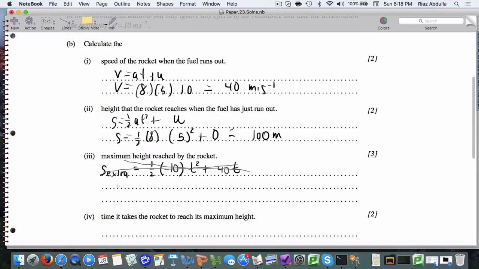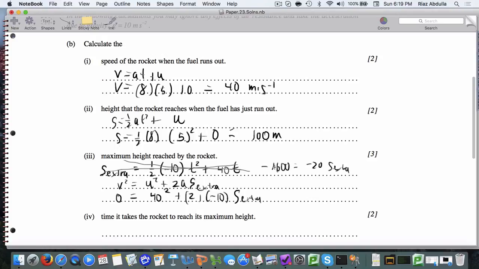Let's try this one. V squared is U squared plus 2 times A times S extra. So V squared at the top is 0. U squared is this 40 meters per second right when the fuel cuts out, plus 2 times negative 10 times S extra. And so we're going to get that 1600 equals negative 20 times S extra.